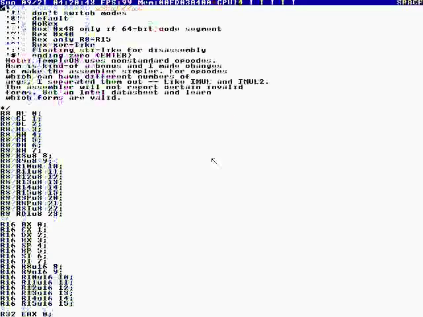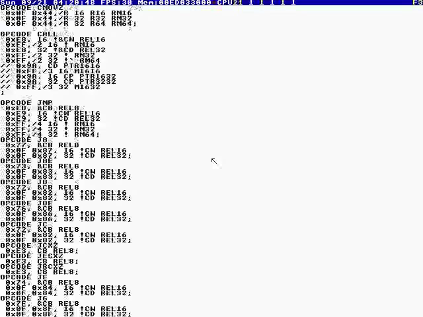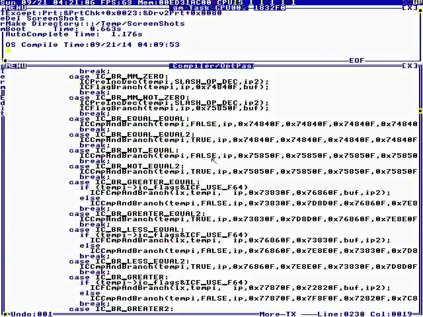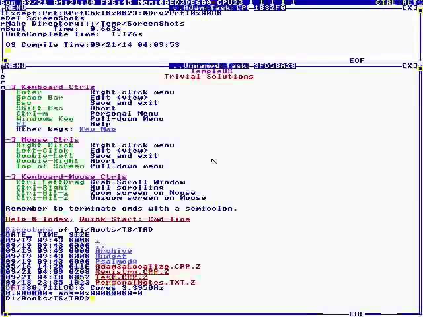If we go to the opcodes, 73, jump above or equal. The other one was 86 or 7. I don't remember. 76. Below or equal. Anyway, so above or equal. I think it's the. Oh well. So how about that?